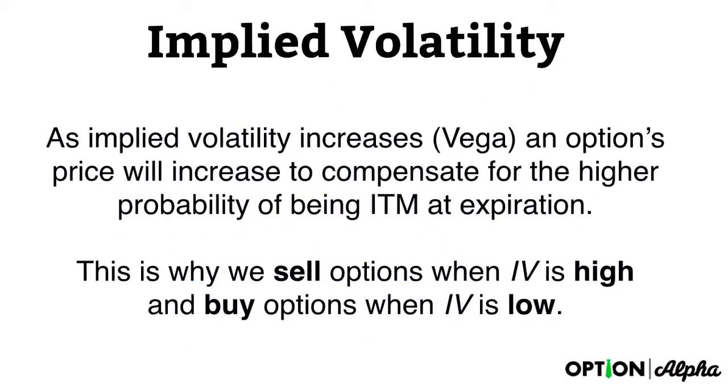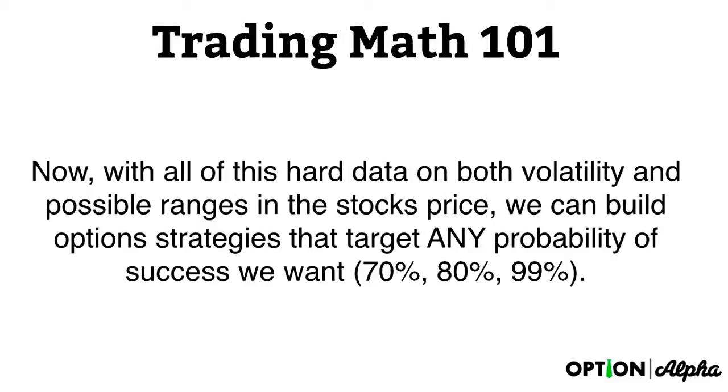Now, this is why we specifically suggest that you sell options when implied volatility is high, because option pricing is going to be very much expensive and rich and swollen because of implied volatility. And this is also why we suggest that you buy options generally when implied volatility is low. That's because option prices are generally going to be really low and have the propensity maybe to increase in the future.